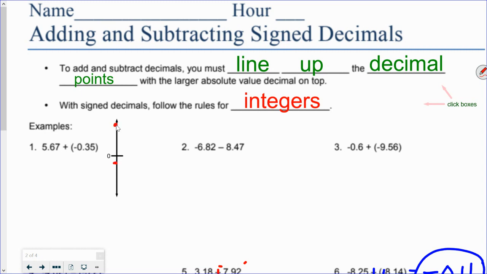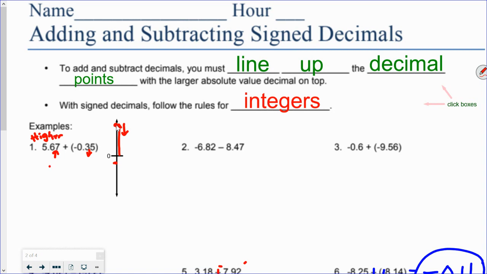If I was to model this, I would be going up for my 5 and 67 hundredths, and then I would go down less than 1. So we can see our answer is going to end up as a positive, just with a little type of model. Plus, I can see which one's my higher value. That one's going on top when we add or subtract, and it also means if we are subtracting, I know to keep my positive sign.